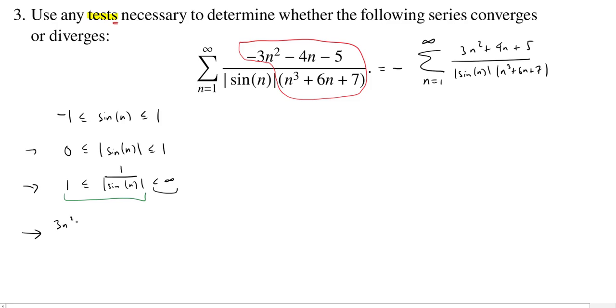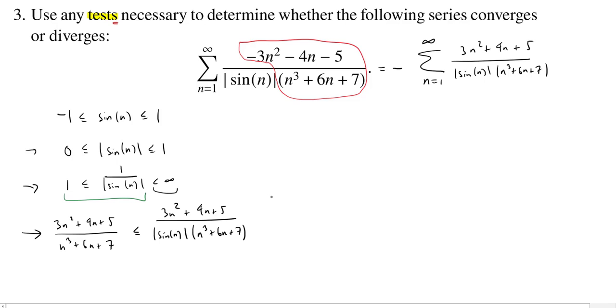And when I do, I'm going to get (3n squared plus 4n plus 5) over (n cubed plus 6n plus 7) is less than or equal to, now the same thing, but also with the absolute value of sine of n on the bottom. So (3n squared plus 4n plus 5) over the absolute value of sine of n times the quantity n cubed plus 6n plus 7.